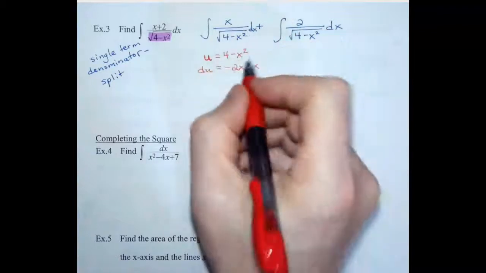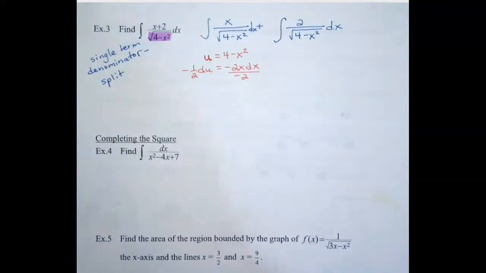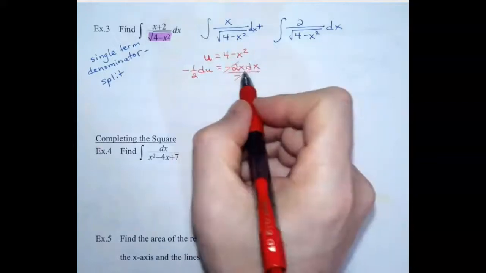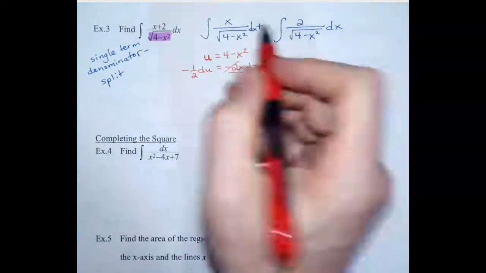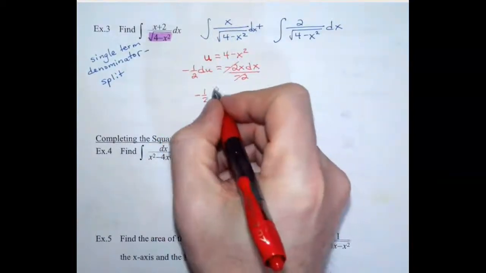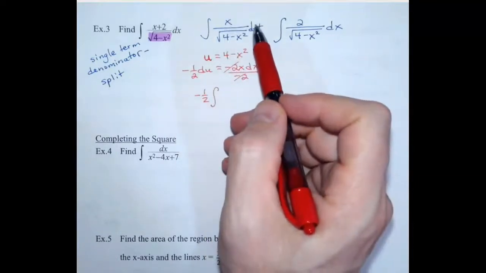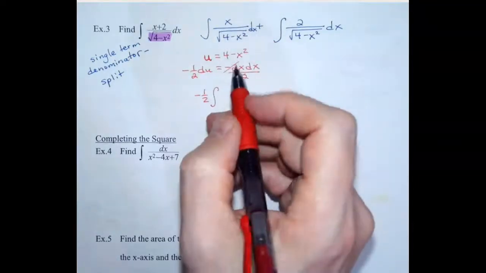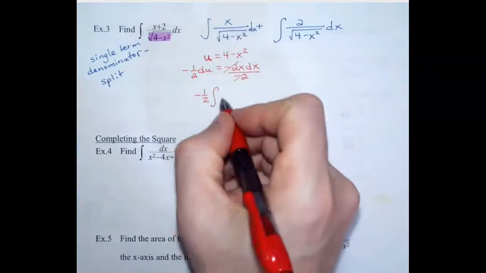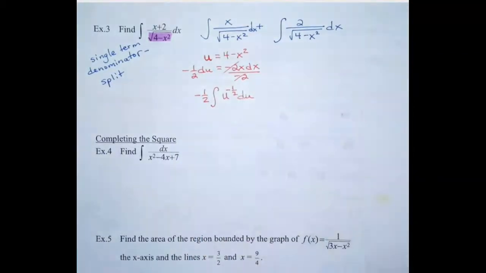Well, I have x dx right there, so I could divide by negative 2 on both sides, and that'll cancel this out, and there's my x dx right there. So now I can rewrite that as negative 1/2, and then this is du, but this is u to the 1/2 underneath here, which I could rewrite as u to the negative 1/2.